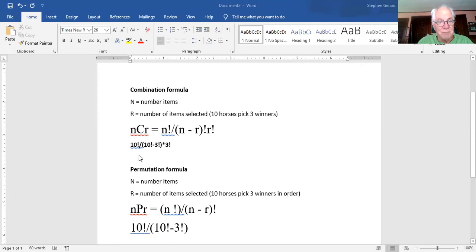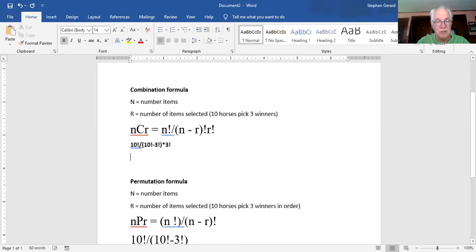If it's been a while since you've done your mathematics and played with algebra, what this means is 10 times 9 times 8 times 7 times 6 times 5 times 4 times 3 times 2 times 1, divided by n minus r, that's 10 minus 3, quantity factorial, I'll talk about that in a little bit, times 3 factorial. Leaving this much the same.